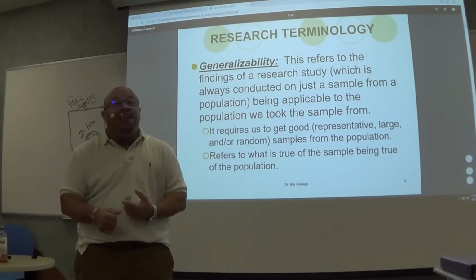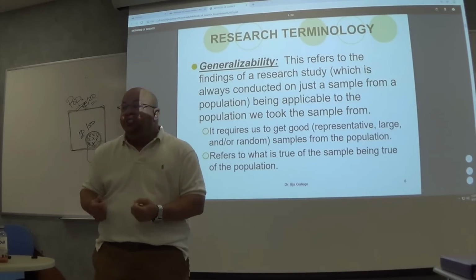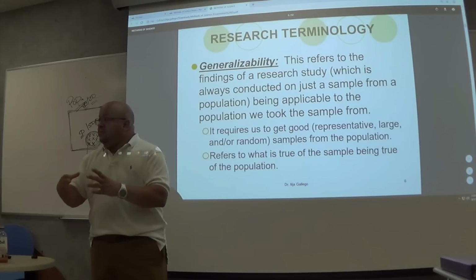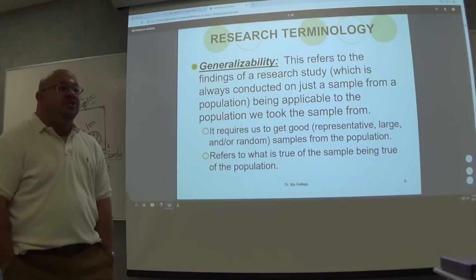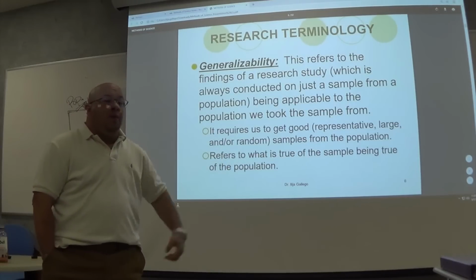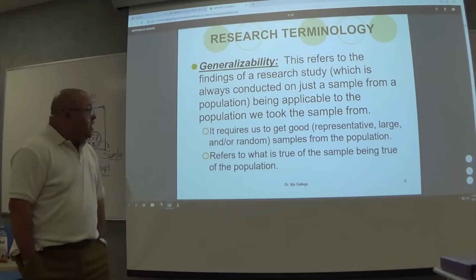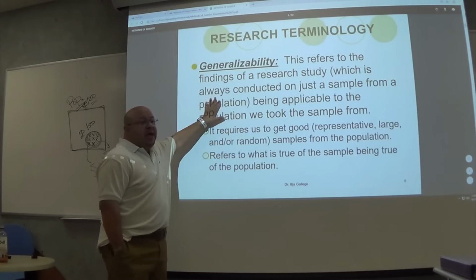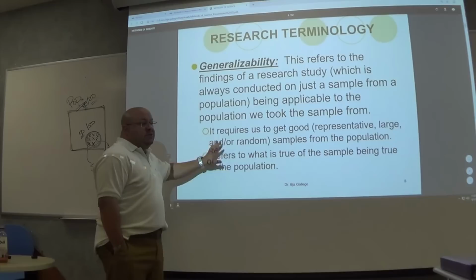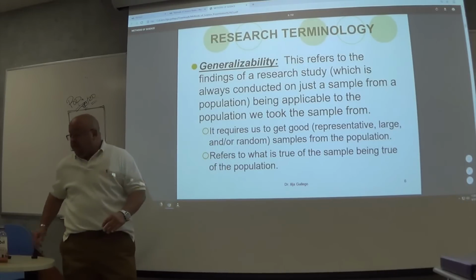So I literally know a lot about you. So it's much easier for me to do a random sample from such a limited population, okay? So some populations are not very conducive to a random sample and others are. All right, so we are going to come back to the concept of generalizability and come back to the concepts of samples a little bit too.